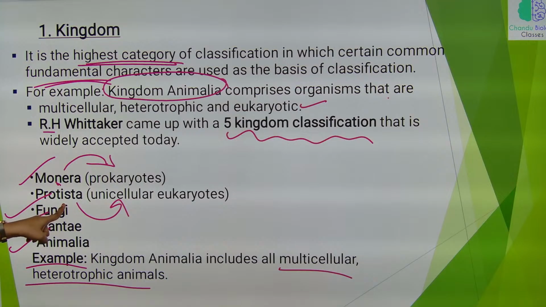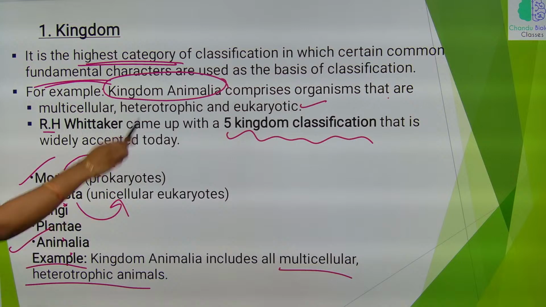Protista includes all unicellular eukaryotes, which is like a linking line between the prokaryotes and eukaryotes. Fungi will include all the organisms which are heterotrophic and multicellular. Plantae, all autotrophic multicellular organisms. Clear, right? So, these are the 5 kingdoms from R.H. Whittaker.